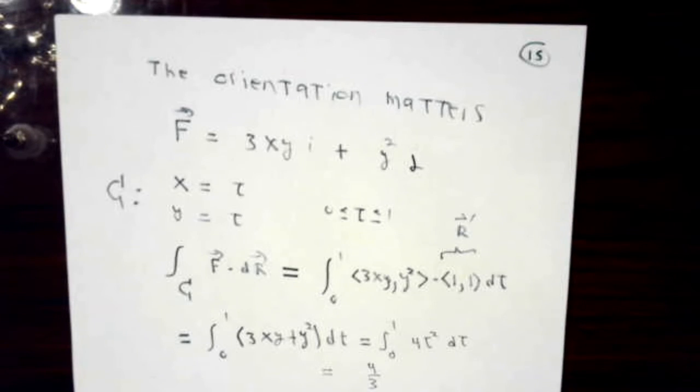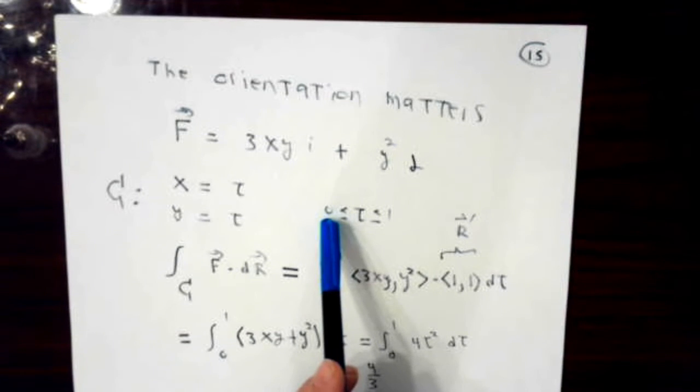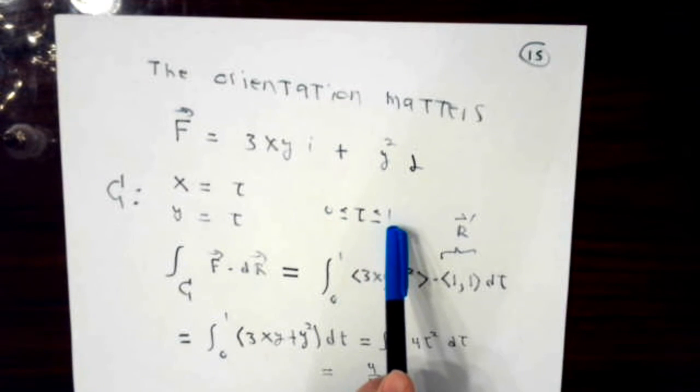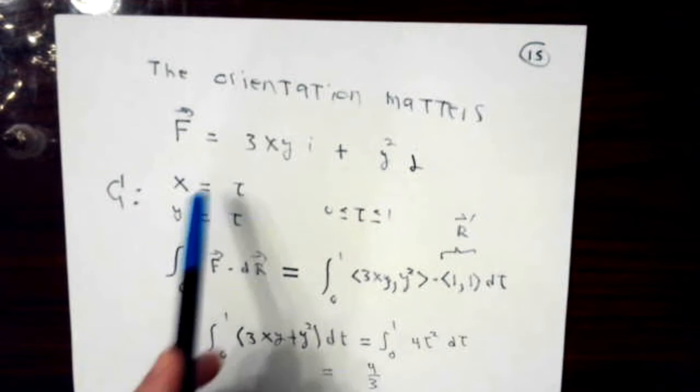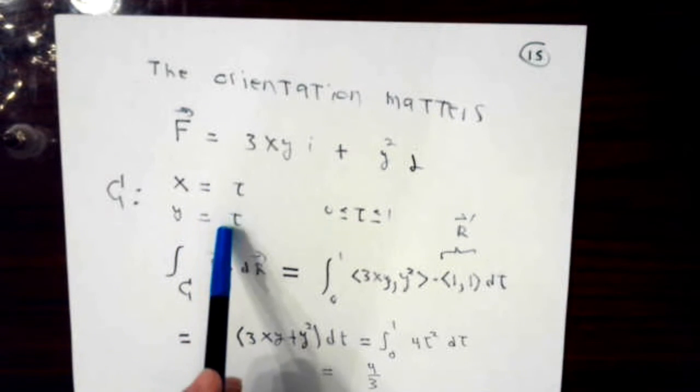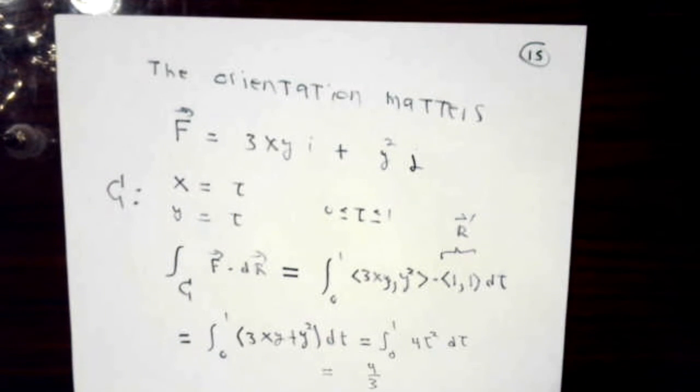We have already seen that the exact shape that you travel along makes a difference in these line integrals. More interestingly, the orientation matters too. I'm going to start at t equals 0, end at t equals 1. My curve will be x equals t, y equals t for those t values. This gives me that same straight line segment that starts at the origin and travels out to the point 1, 1.